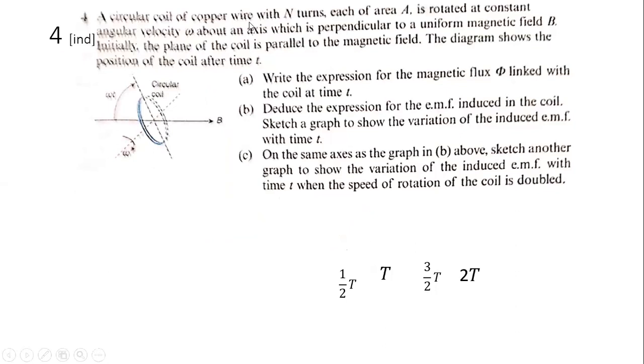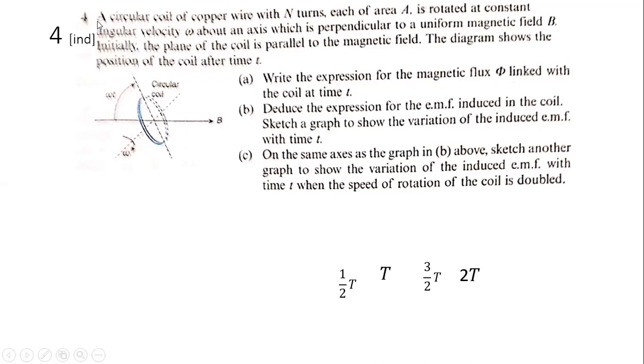Okay, a circular coil of copper wire with N turns, each of area A, rotated at constant angular velocity omega about an axis which is perpendicular to the magnetic field B. That's your B. That's your axis. That's your circular coil. Right?